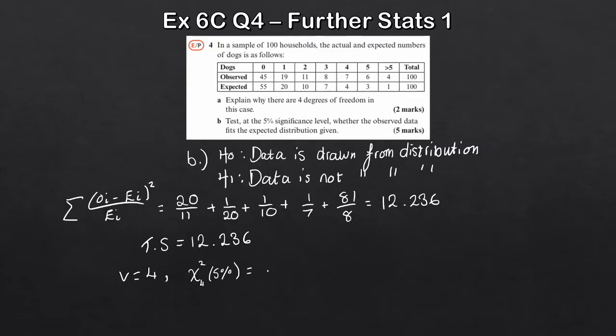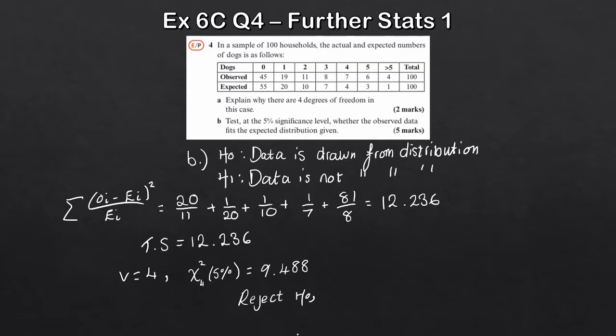You read across from your table, you just get 9.488. So again, we compare the test statistic to this value here, my chi-squared value. If it's bigger, we reject. If it's smaller, we accept. Well, 12.236 is clearly bigger than 9.488. So, again, we reject H naught.